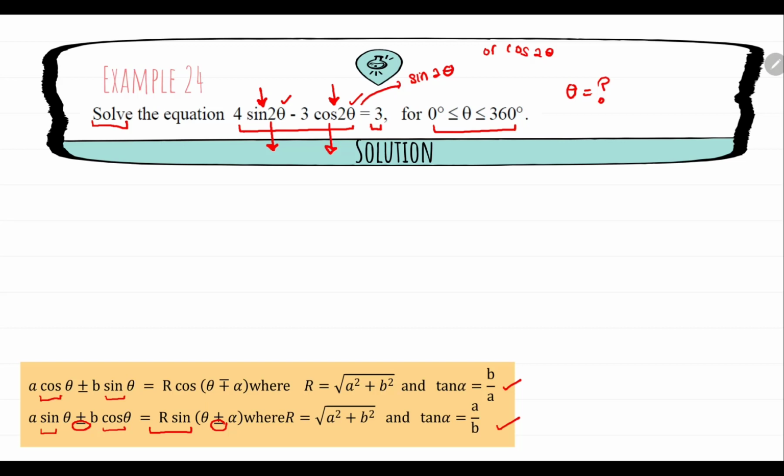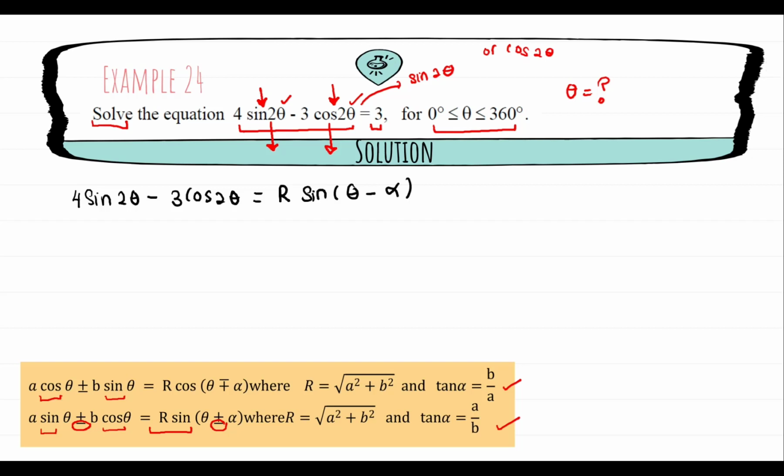Okay, so we're going to write here 4 sin 2θ minus 3 cos 2θ equals to, we have decided we're going to use the formula R sin(θ minus α). Okay, so we have to be extremely careful here.